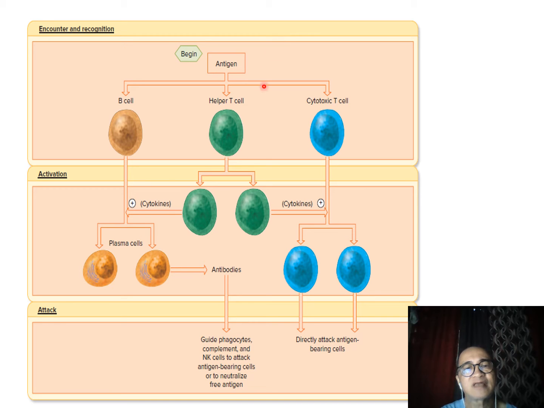Activation and direct attack of cytotoxic T cells on foreign cells or substances constitute the cellular immune response. So, the action of B cells turning into plasma cells that secrete antibodies is called the humoral immune response, and the action of cytotoxic T cells directly on foreign cells or infected cells constitutes the cellular immune response.